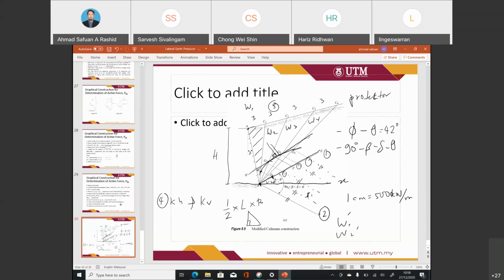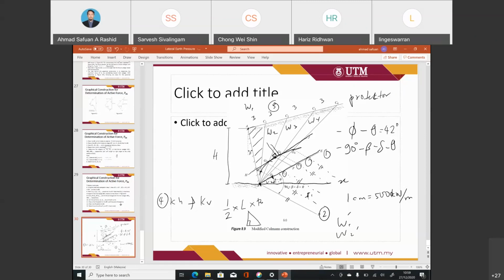So the point of the tangent. Then you may refer to the BD as well.